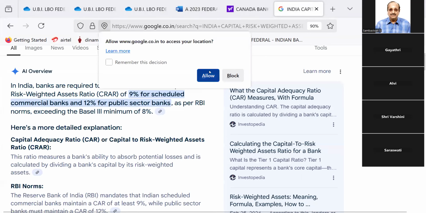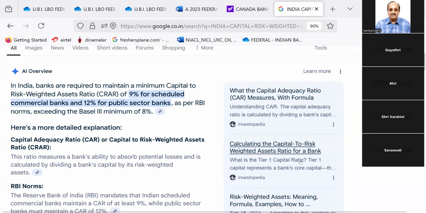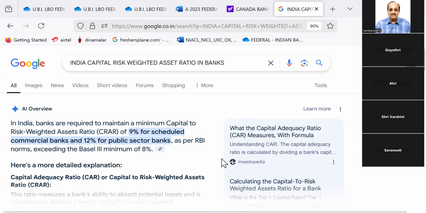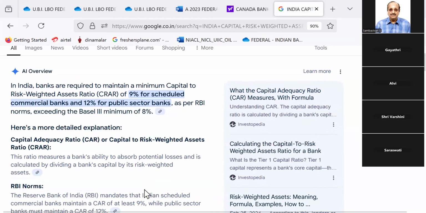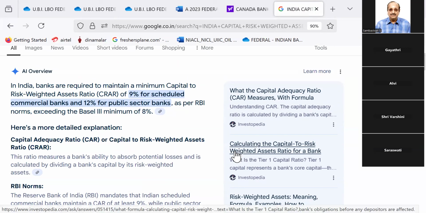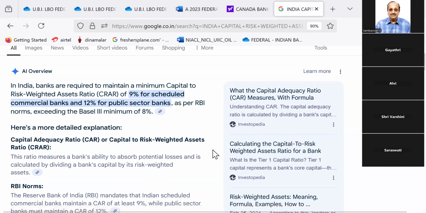Yes, sir. I want Varshini to read this. Varshini, read. In India, banks are required to maintain a minimum capital to risk weighted assets ratio (CRAR) of 9% for scheduled commercial banks and 12% for public sector banks as per RBI norms, exceeding the Basel III minimum of 8%. In fact, Basel III is recommending only 8%, but our Reserve Bank wants 9%.